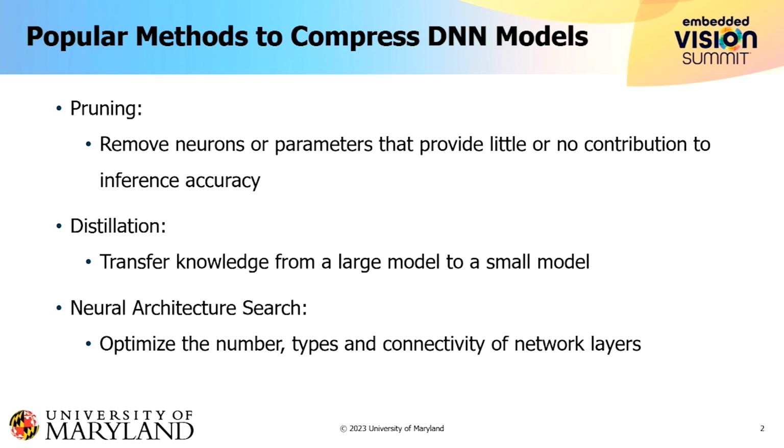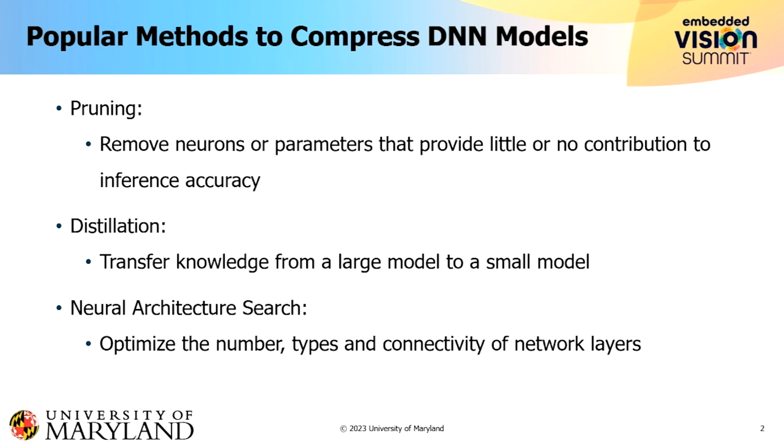Some of the others include knowledge distillation, where we try to systematically transfer knowledge from a larger model to a smaller model, by taking some intermediate representations that can be used to train the smaller model using relevant properties of the large model.